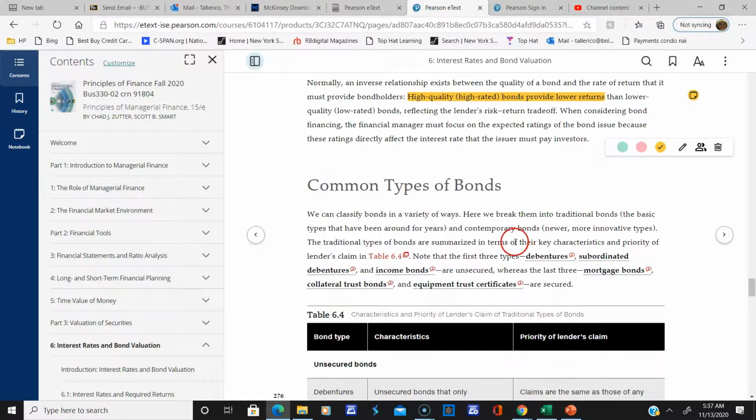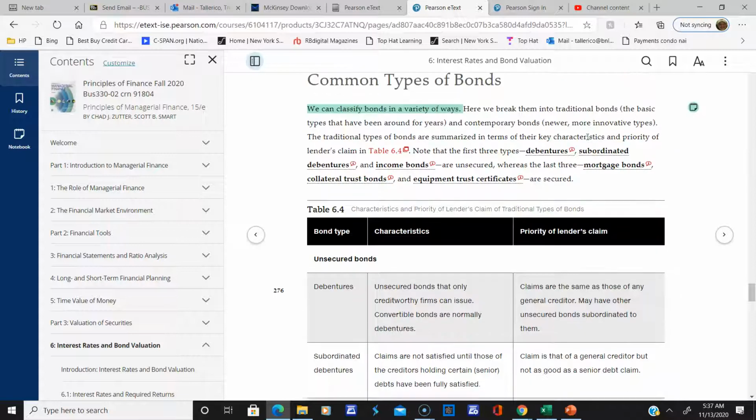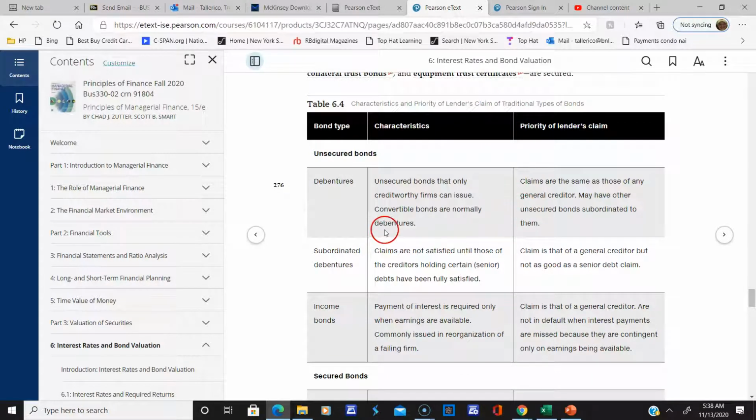All right, so there are many different types of bonds here, and they come in all different types of names. This is a really nice way that bonds are classified. Nice table they gave you here. They've been around for a long time. Here are unsecured bonds, otherwise known as debentures. This is a standard bond you would buy.